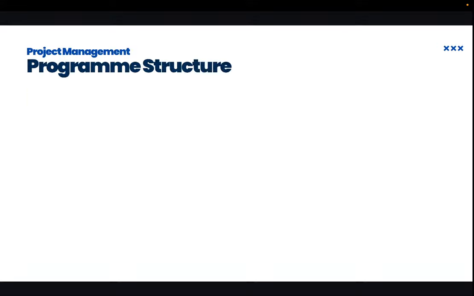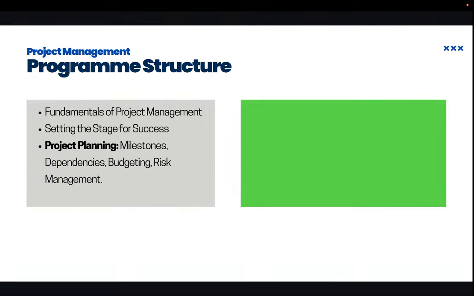Good. So now we are going to look at the program structure. Under this particular project management course, we are going to look at the structure of how it will look. Right. So we have fundamentals of project management, and that's what we are doing today. Then we have setting the stage for success, project planning, how you can create milestones, dependencies, budgeting, risk management.